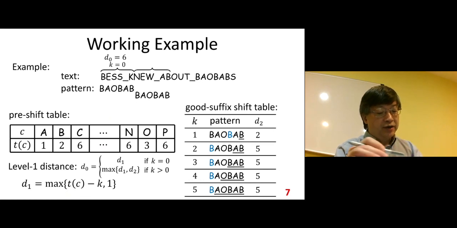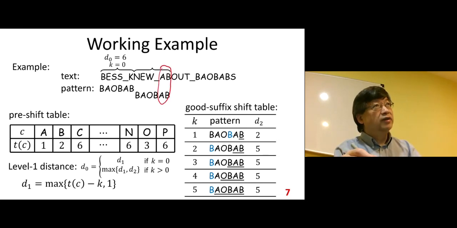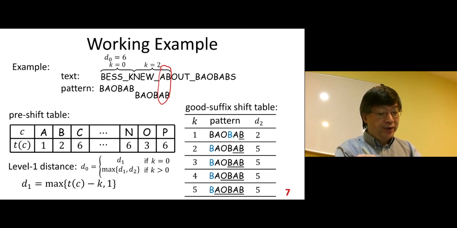So the second round. Let's look at the good suffix part, AB. K equals 2. Then the next character that does not match is the space.